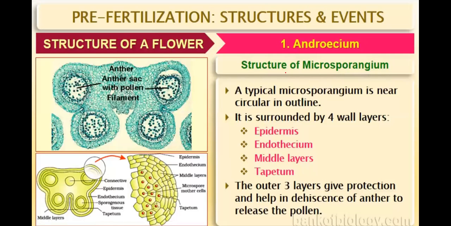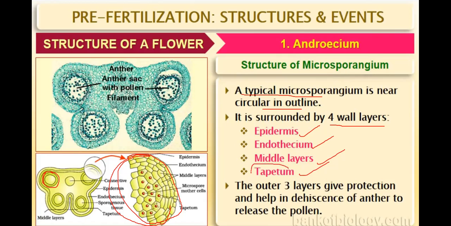Now, the structure of microsporangia. A typical microsporangium is near circular in outline. Each microsporangium is surrounded by 4 wall layers: epidermis, endothelium, middle layers, and tapetum.